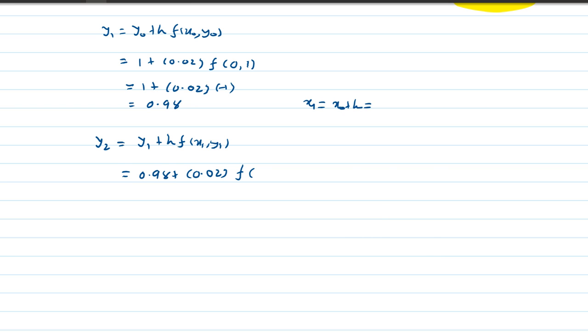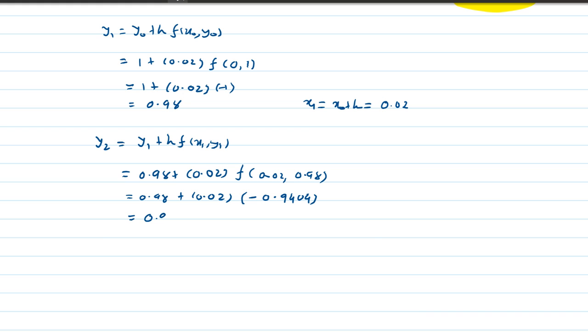So x1 will be 0.02. We put this value here: f of 0.02 comma 0.98. Finally, it is 0.98 plus 0.02 times minus 0.9404, and on simplification it gives you 0.961.